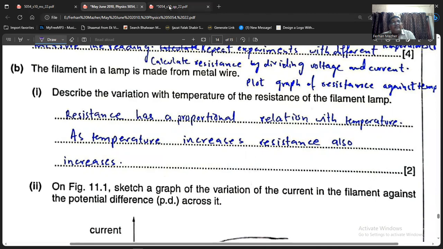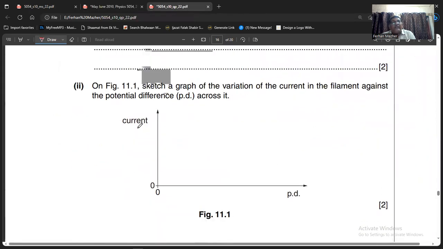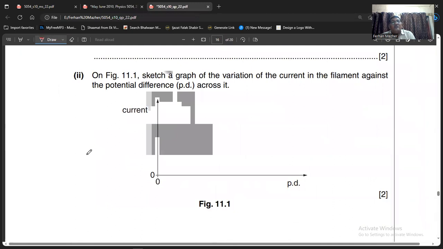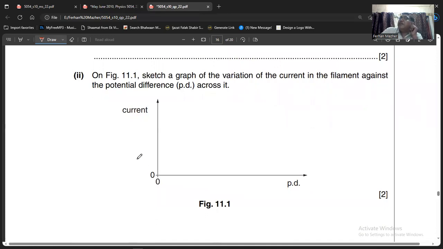You can see the answer. Then we have, he says, on figure 11.1, sketch a graph of the variation of the current in the filament against the potential difference across it. You see, because the current is here, and now the gradient will be equal to 1 by R. So as the gradient here decreases, it means the resistance will increase.